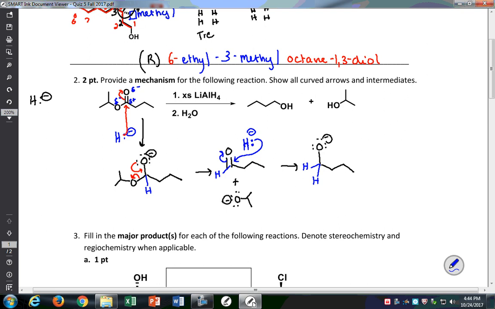And we still, of course, have that alkoxide floating around because it's not doing anything. So once this occurs, now we can throw water in, because we can't throw water in until the reaction is complete, otherwise we're going to get a mixture of products and it's not going to be useful. So now we can show the last step, which is water reacting with our alkoxide to form our alcohols.